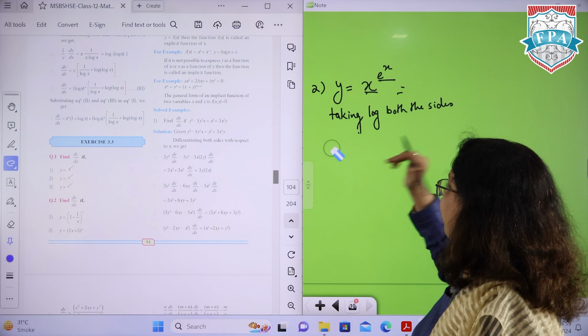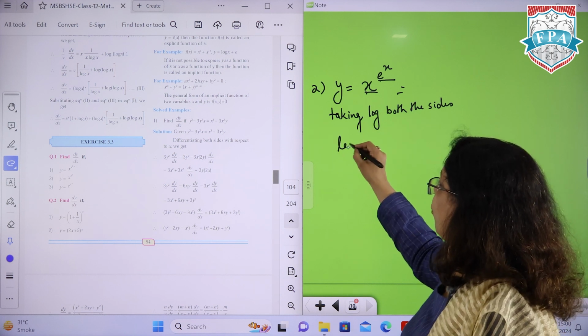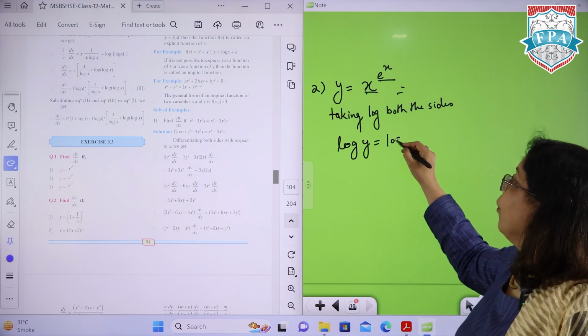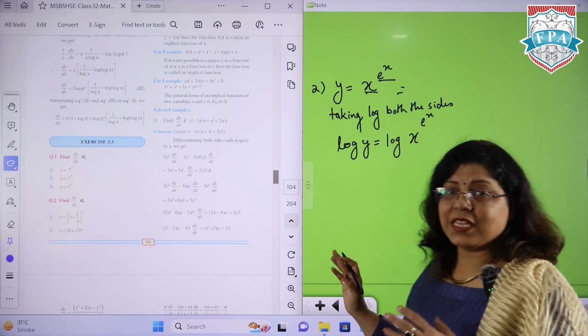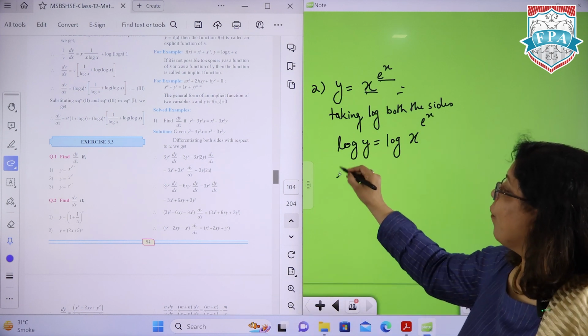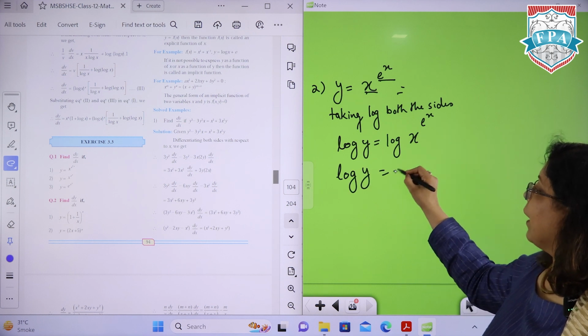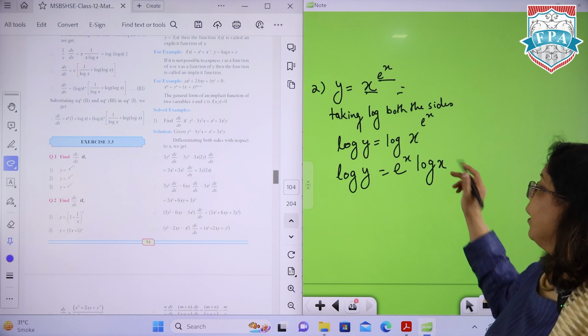One statement will be first, log y is equal to, पहले ये statement देंगे फिर differentiate करना शुरू करेंगे, log x to the power of e to the power of x. Now when you see this statement, log y तो same है आपका, but यहाँ पे we can use the power law and e to the power x can come over here as the first statement.